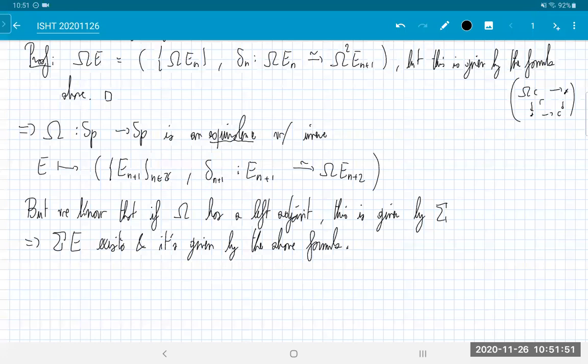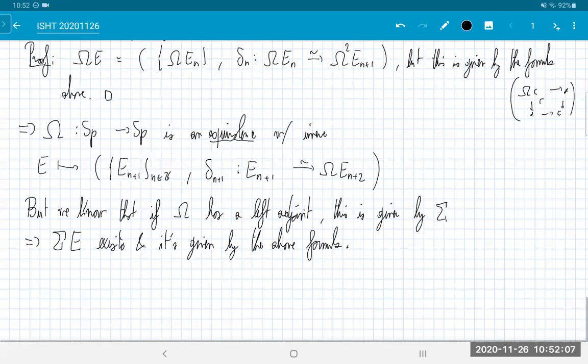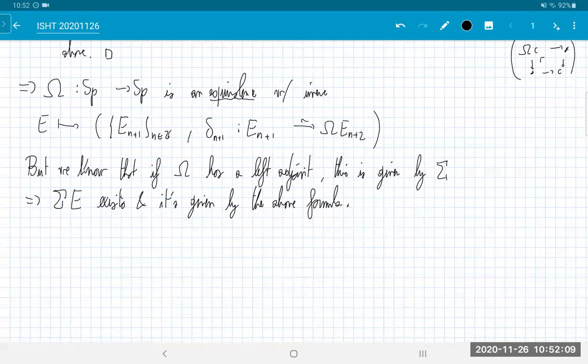This is discussed in Higher Algebra somewhere in chapter 1. I don't remember the place, if you want to look it up in more detail. But even if you know nothing about compactly generated infinity categories, I hope the existence of the suspension is clear.